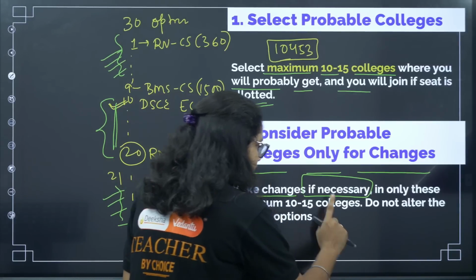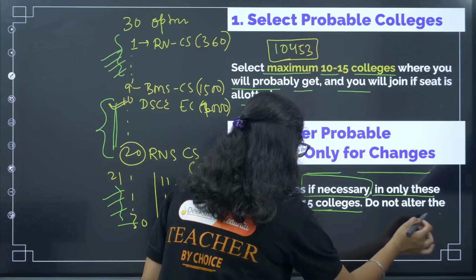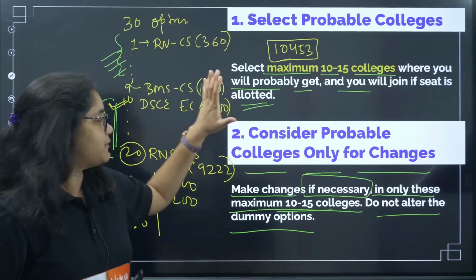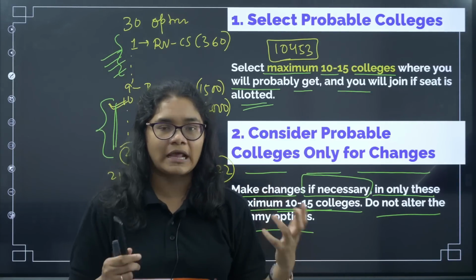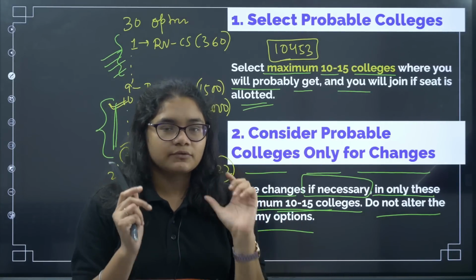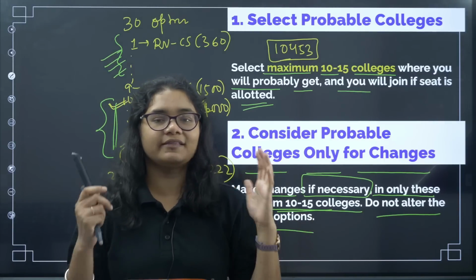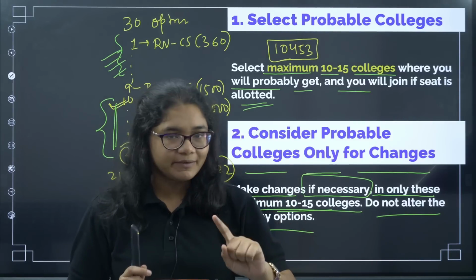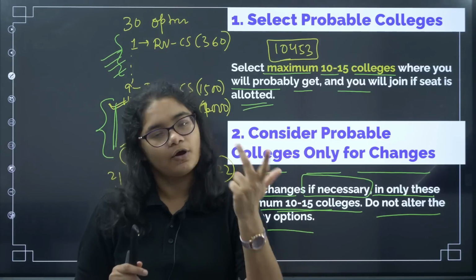So make changes if necessary in only these maximum 10 to 15 colleges. Do not alter the dummy options. Dummy options means those colleges where you will not get at any cost. So do not alter them, do not waste your time rearranging them. Whichever colleges have a probability, if you think there is a need for any editing, you have to do it in this segment. We will be discussing the conditions to understand whether it is needed or not.